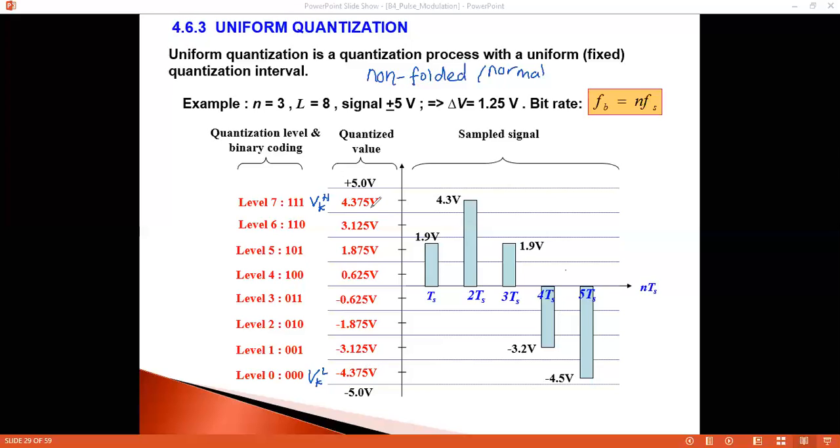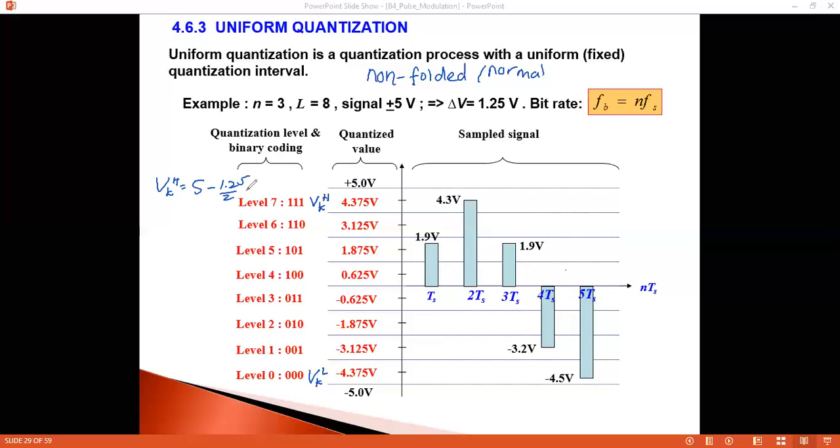Okay, so either way, whether you add from bottom to top, or you just use the formula VKH equal to Vmax minus delta V over 2, you should be able to get the same answer. Let's try with VKH equal to 5 minus 1.25 divided by 2.